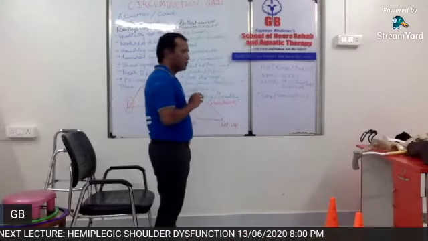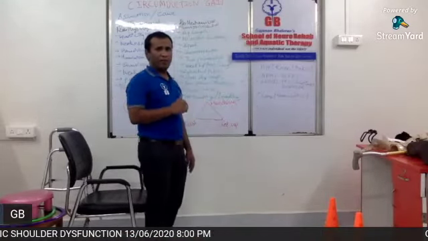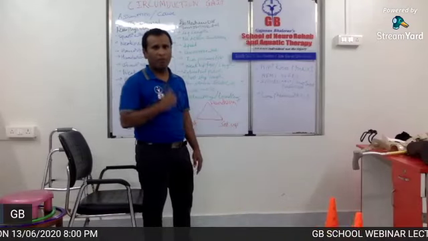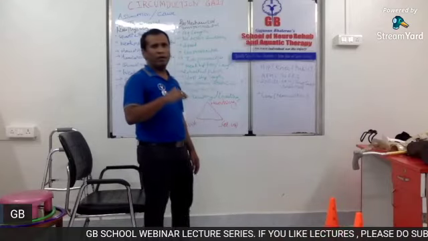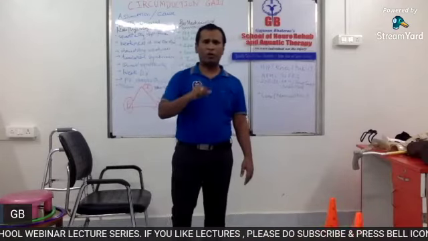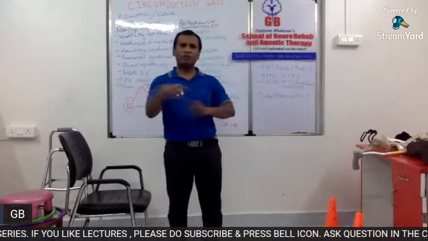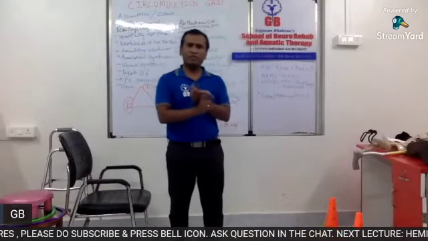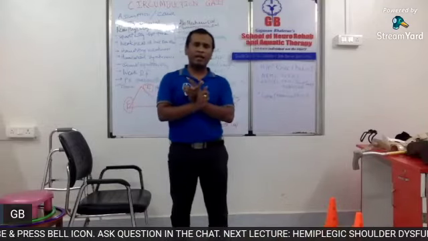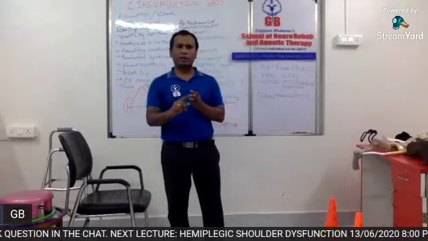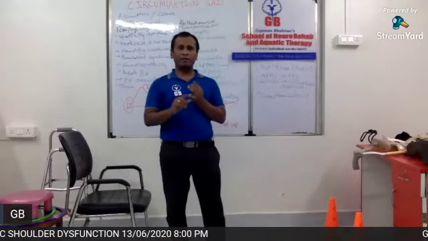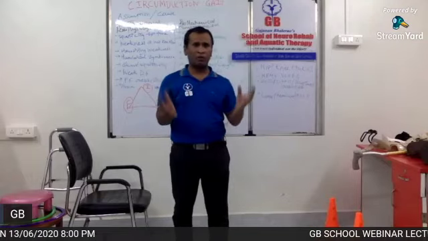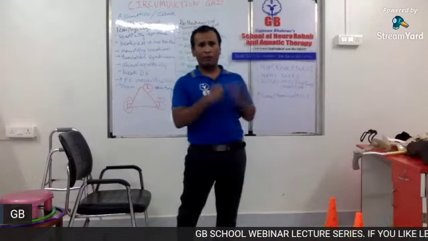We have talked about the system theory of motor control, and we'll move a little from it to the dynamic system theory of motor control. Here I am going to use two or three theories combined. One is system theory of motor control, second is dynamic theory of motor control, third is motor program theory of motor control. Some principles of motor learning and motor control will be combined, and we are going to apply them here.